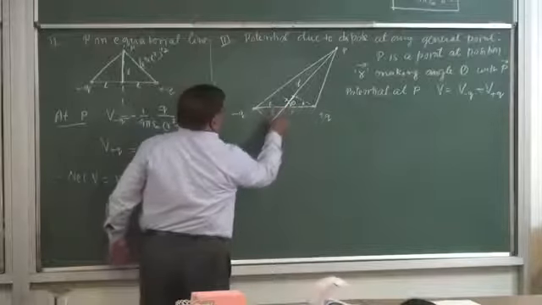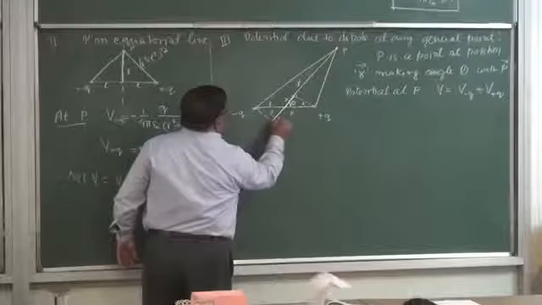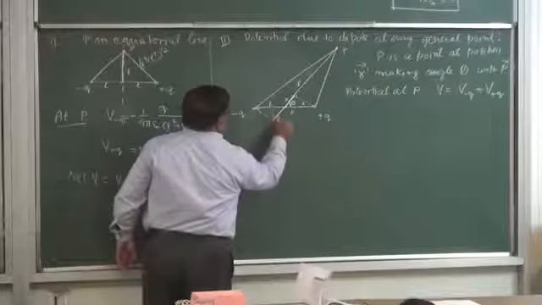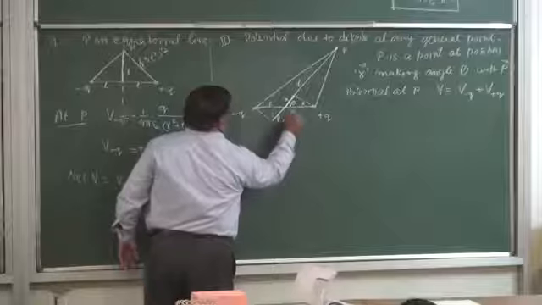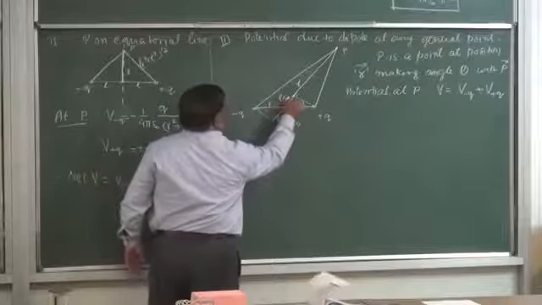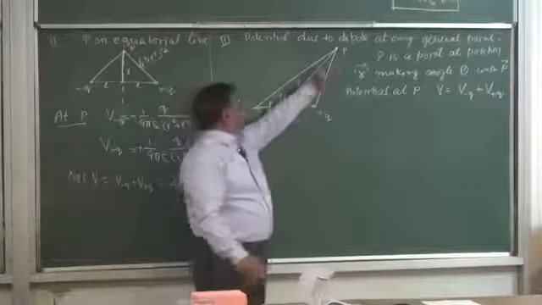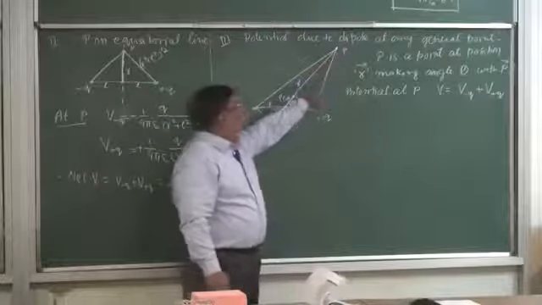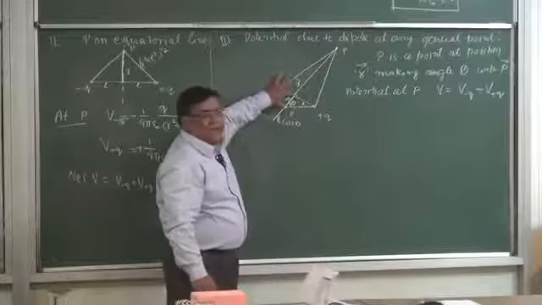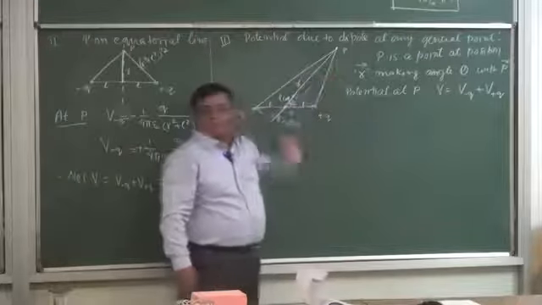And this is also L cos theta. This and this. Now, this total length is how much? R. Out of this, you cut this portion L cos theta and this will be almost equal to this.